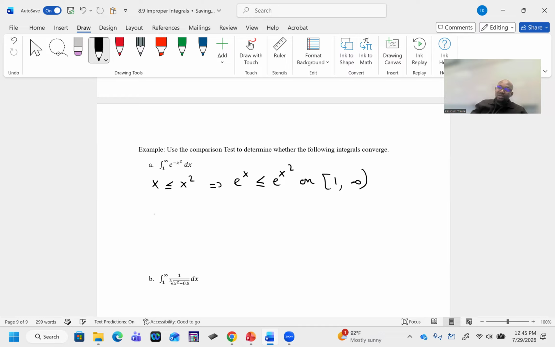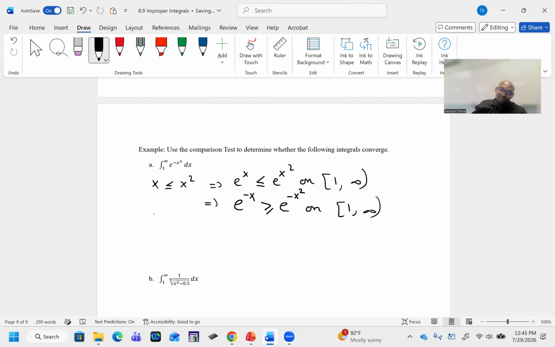Which implies, if this is true, then e to the power of negative x will be what? Greater than or equal to e to the power of negative x squared on 1 to infinity. You can graph both and check, right?